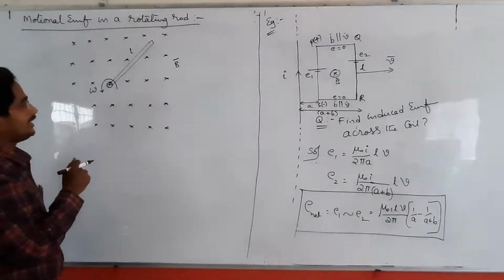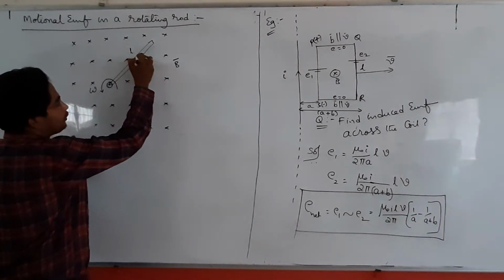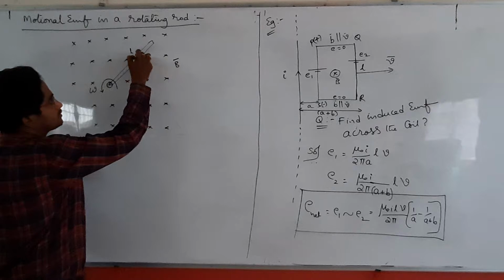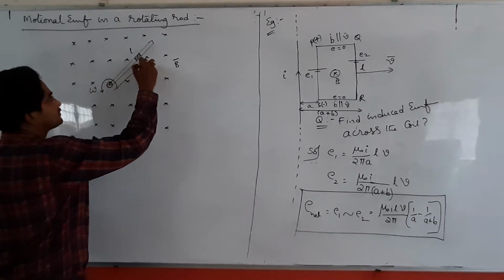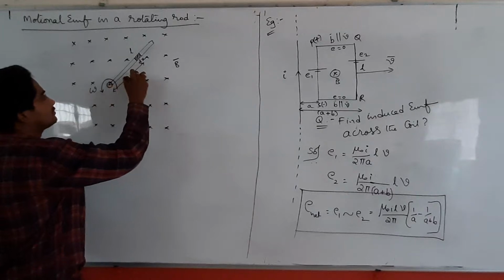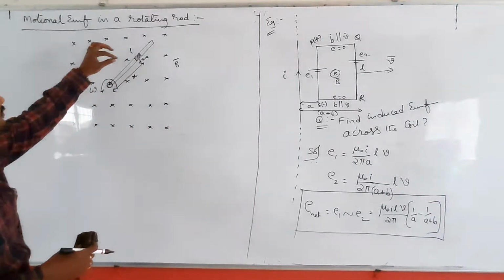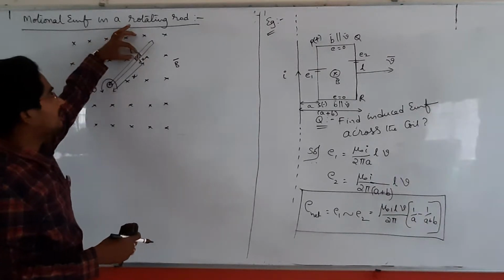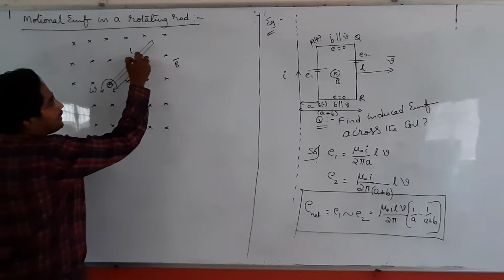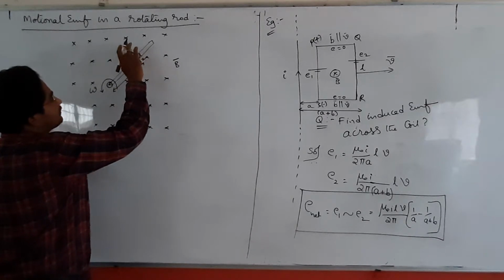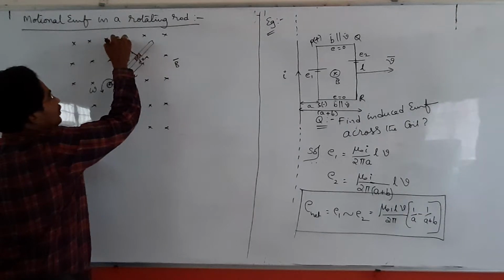See, how to get it? First of all, you take a small elemental portion of length dx at a distance of x. It is a small rod of length dx, which is moving perpendicularly with velocity, what is the velocity of this one?